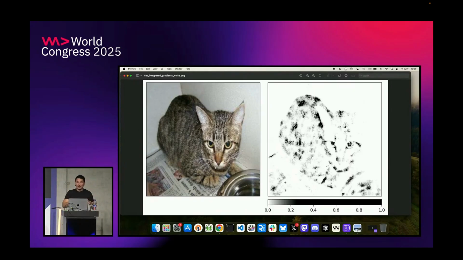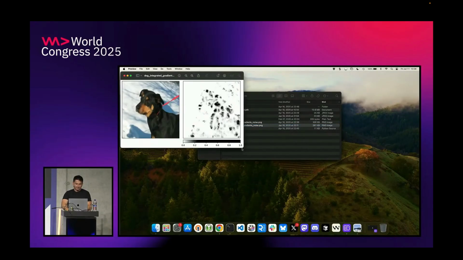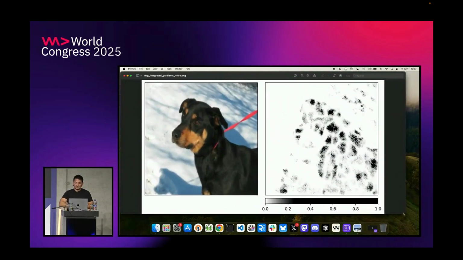This is how you can tell how it got to that cat classification, based on the attributions or the highlights or the things that made this thing a cat. And here's the same thing for a dog. You can see the nose, the eyes, and the ears, and then parts of the body, right? So this is what Captum can do. It allows you to observe what is happening with your ML systems to say, hey, I can vouch that this thing is doing what it's supposed to be doing.